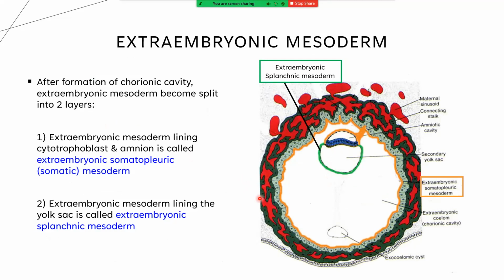After the formation of the chorionic cavity, the extraembryonic mesoderm becomes split into two layers. One is the structure lining the secondary yolk sac, the part lined by the green colored line. This layer is known as extraembryonic splanchnic mesoderm.